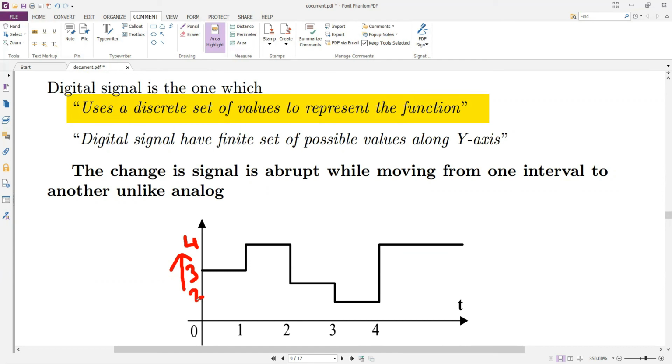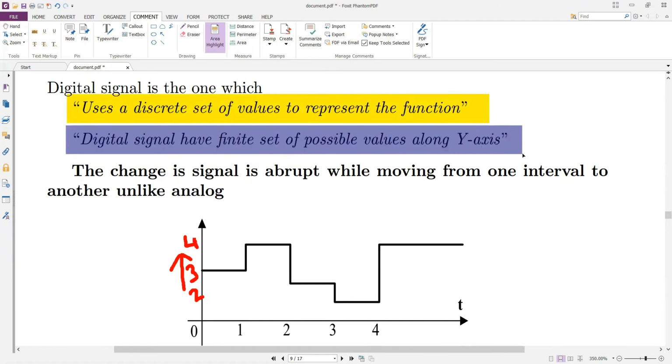So we are using integer values to represent the transitions in the signal from one point to another. Another definition: digital signals have a finite set of possible values along the y-axis.